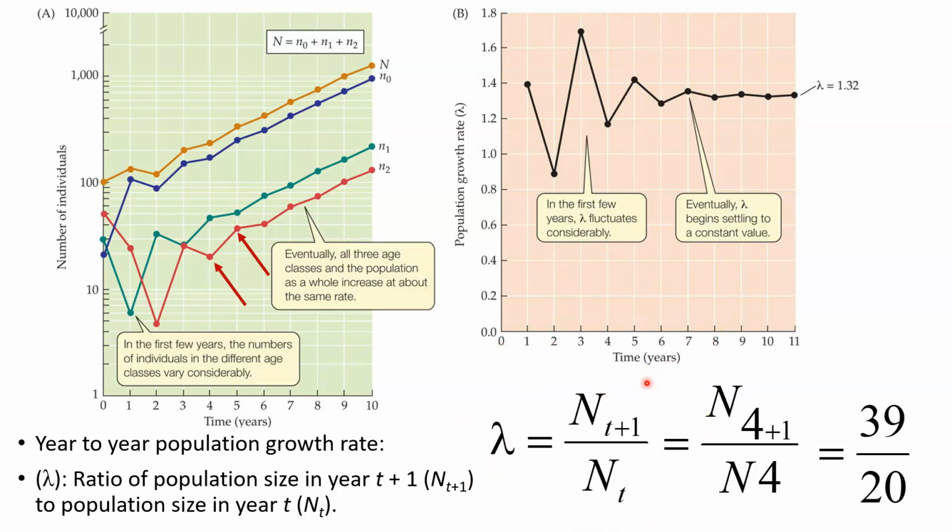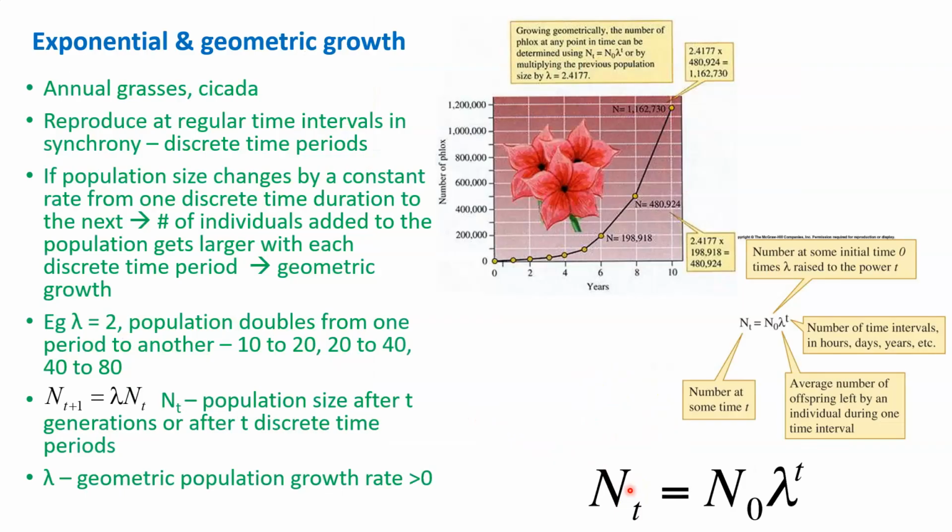And if you want to get an idea about what N sub t plus 1 is, you need to multiply lambda by N sub t, right? And this one is actually no different from that particular equation, right? This is the number of individuals in that population at time t, right? What is N sub 0?